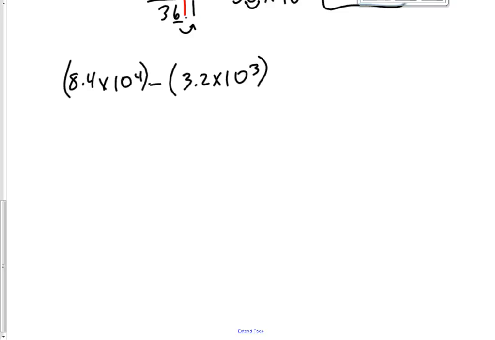Again, it doesn't matter which one you do. We're just going to change this exponent to a 4. Changing that exponent to a 4, we're going to move our decimal to the left one. So we end up with 8.4 minus 0.32. When we do our math, we get 8.08.